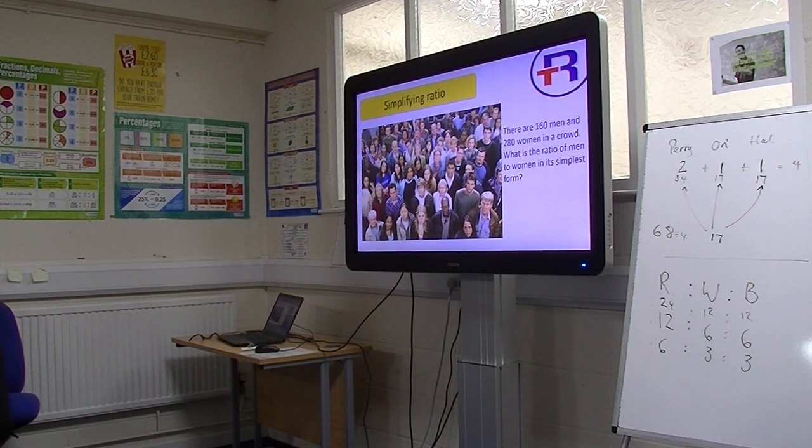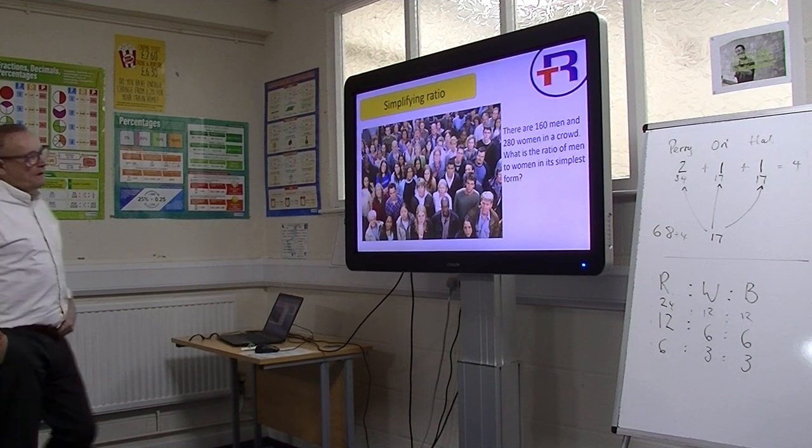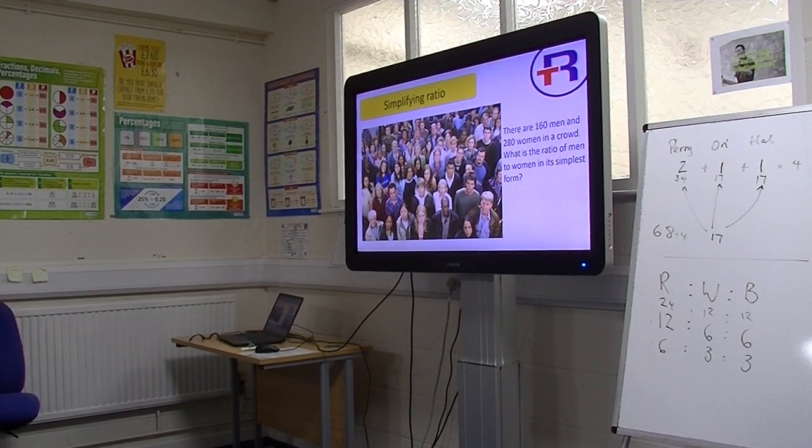What is the ratio of men to women in its simplest form? So think about when we've simplified fractions, if we had a fraction with a 0 on the end.